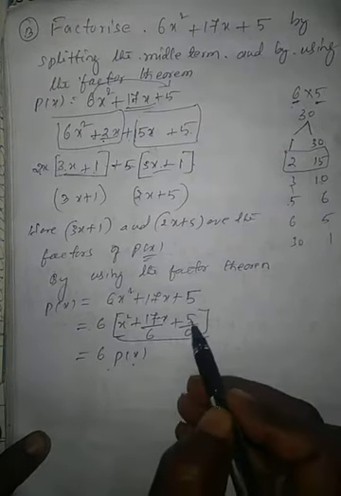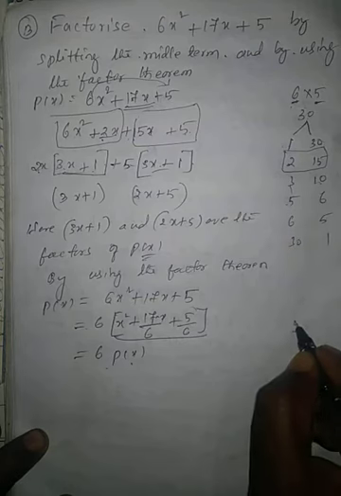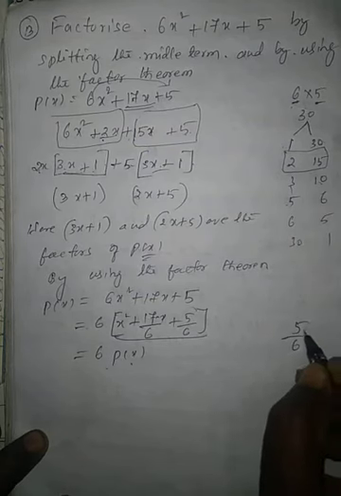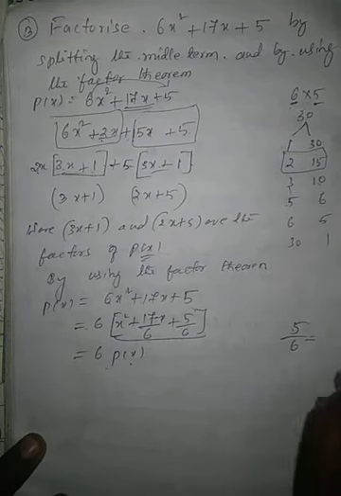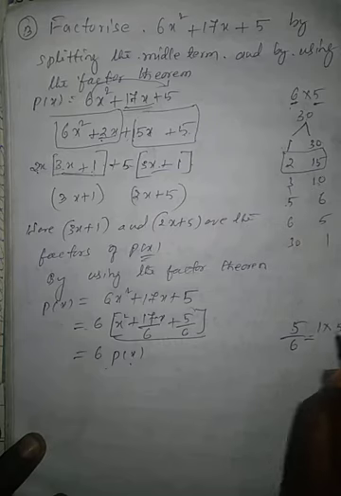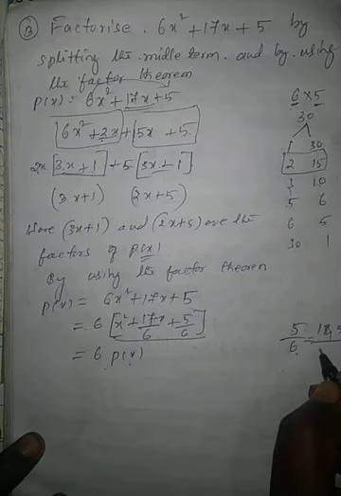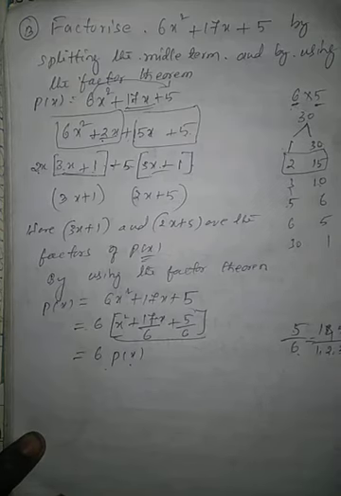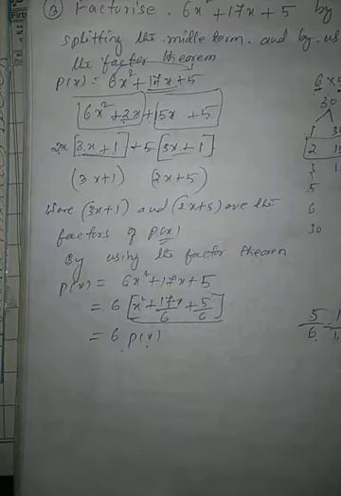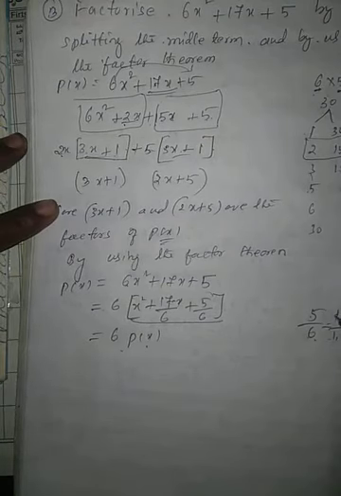Let us see, the last number is 5 by 6. The factors of 5 are 1 and 5, only 1 and 5, and the factors of 6 are 1, 2, 3 and 6. Let us apply them as 1 by 1, 1 by 2, and so on.